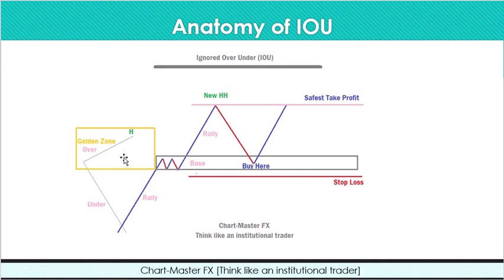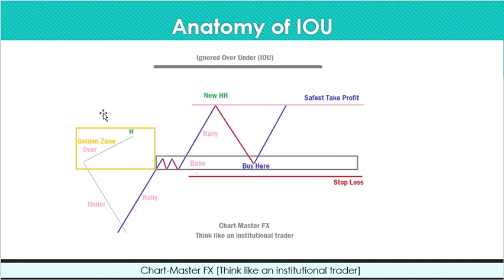Also, as I alluded in the video of the KLOU, we had a key level here. But now on the ignored over under, we are not trading the ignored KLOU. Take note that we are trading the ignored over under, which means here we will only be looking for an over under.